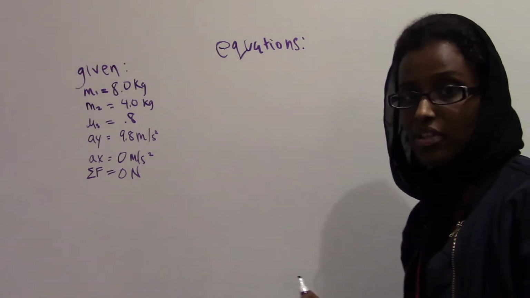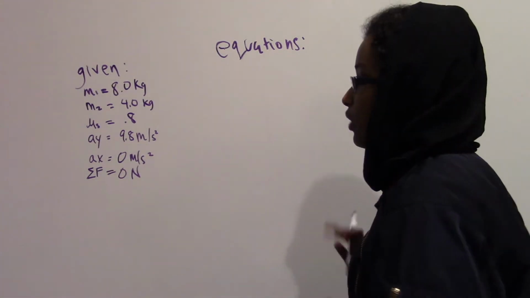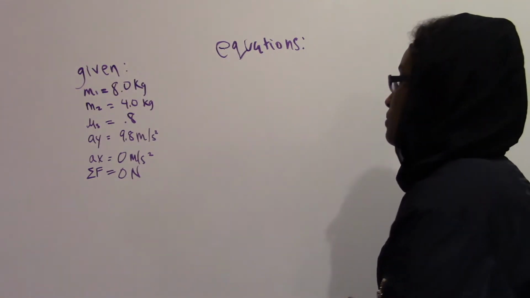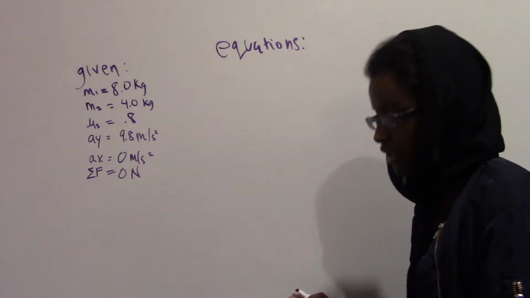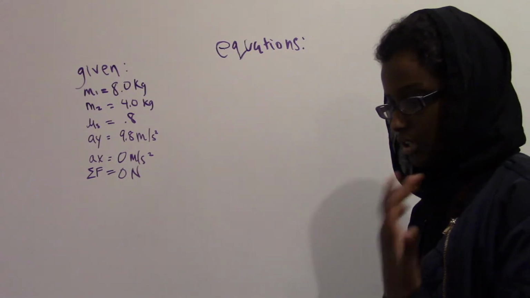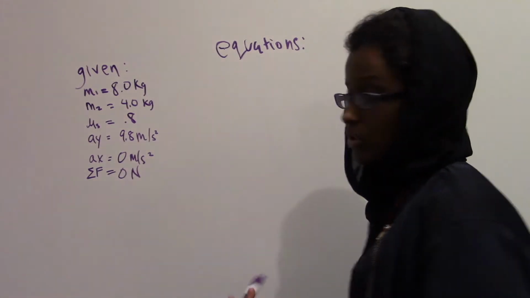Our professor, or most professors, give you an equation sheet to follow when you're doing an exam or working with problems, or you can just look it up. For this problem, I'm going to say equations that we need, of course, because this is a force pairs question. Earlier, we defined our sum of forces to equal 0 newtons, so of course we're going to need that.